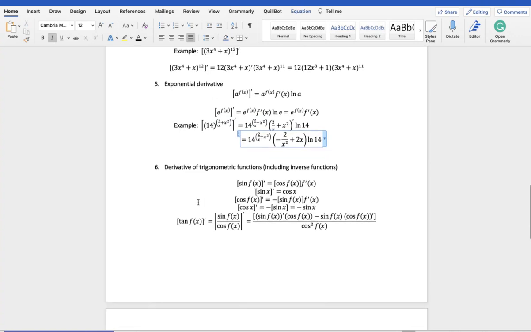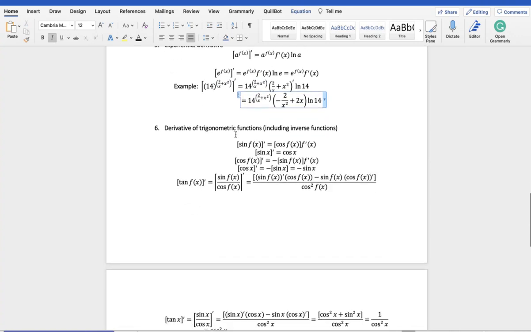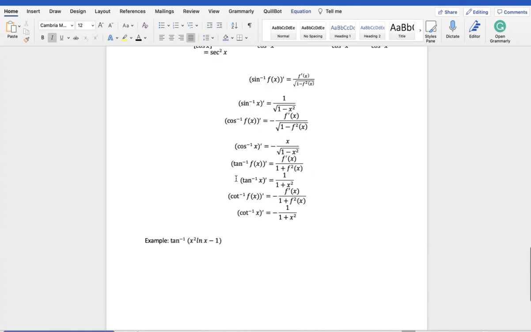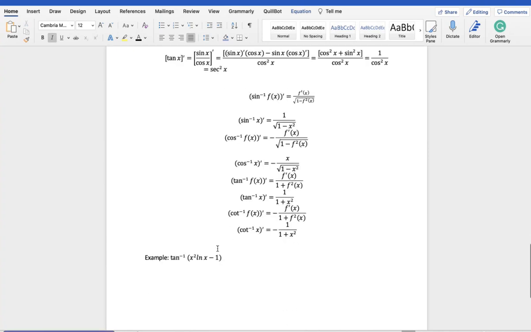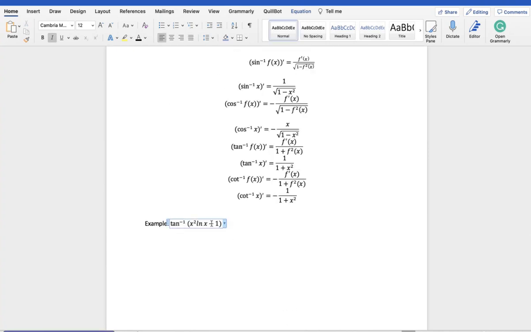And now looking at the next one, which is the derivative for trigonometric functions, we'll just focus on an example covering inverse functions. So if you're trying to find the derivative of this inverse function here, this is just equal to, remember the general form that we had for tan inverse?